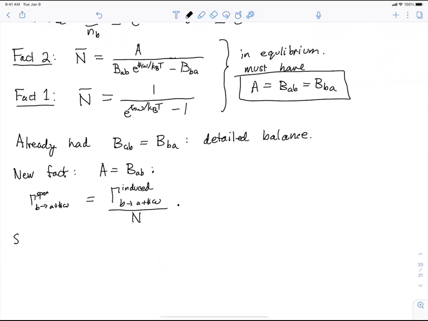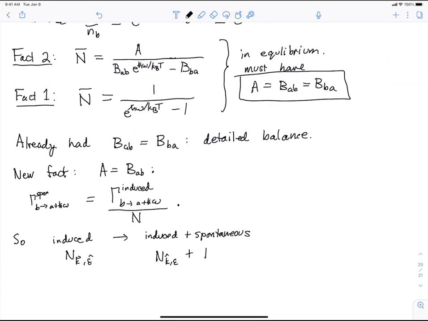So in other words, the induced rate that we actually calculated had this factor of n in it, the number of photons. And now what Einstein's method is telling us is that if we want the total of induced plus spontaneous, we need to include the induced part, and then the spontaneous part is just adding 1 to that.